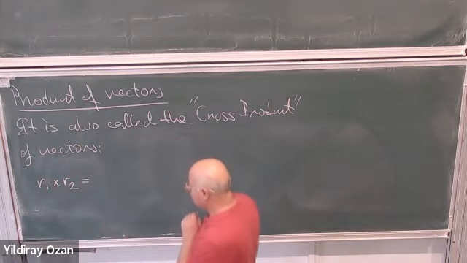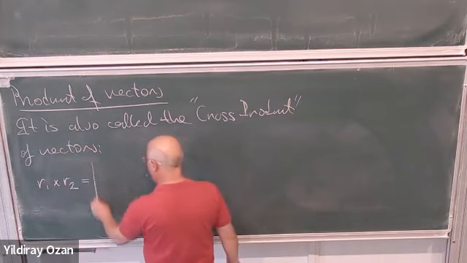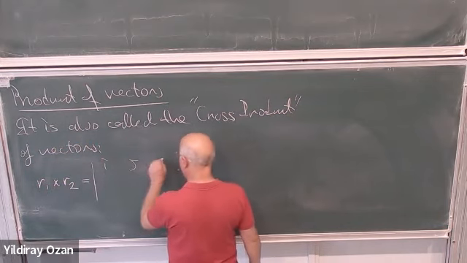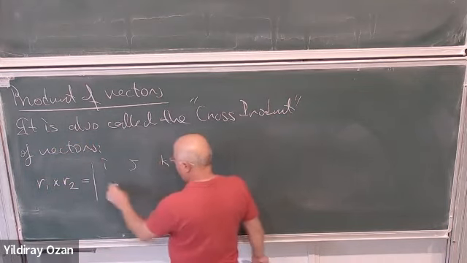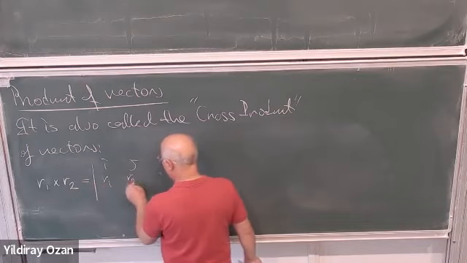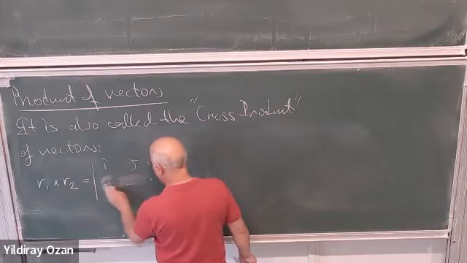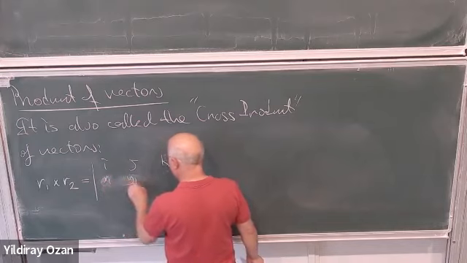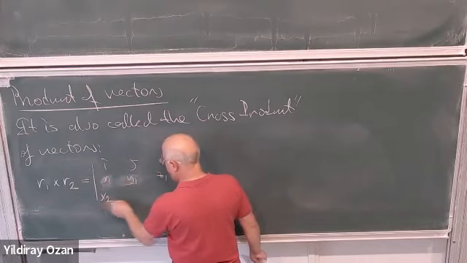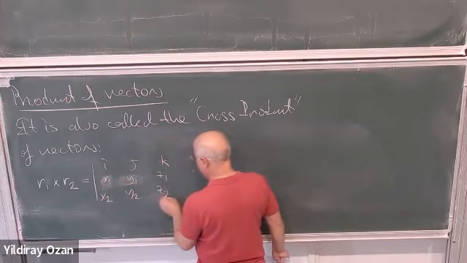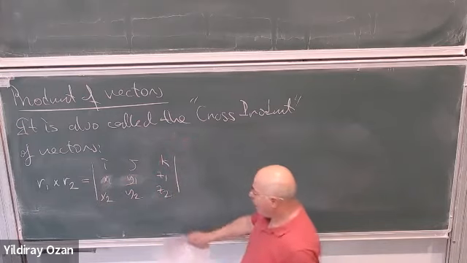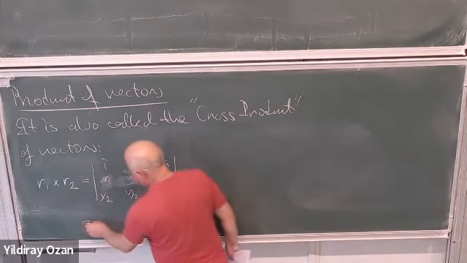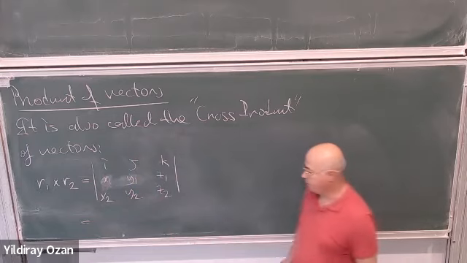It is defined as follows. We write here i, j, k, and then write the coordinates of R1, x1, y1, z1, and x2, y2, z2. Then R1 cross R2 is the following vector.